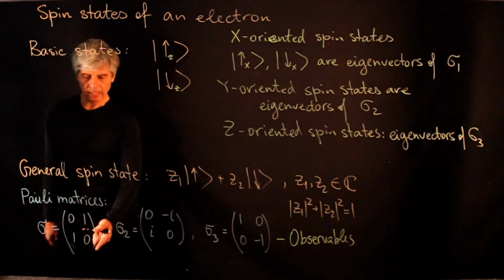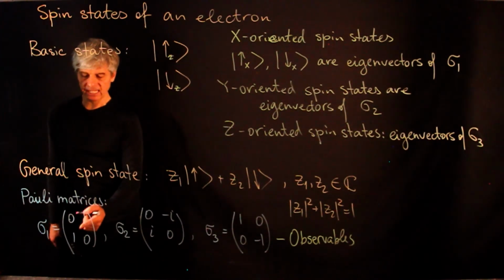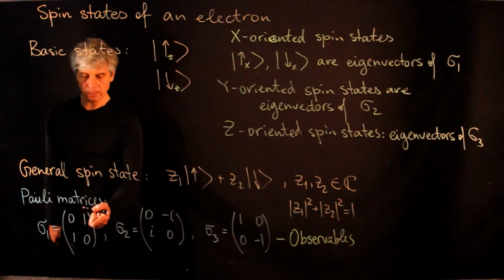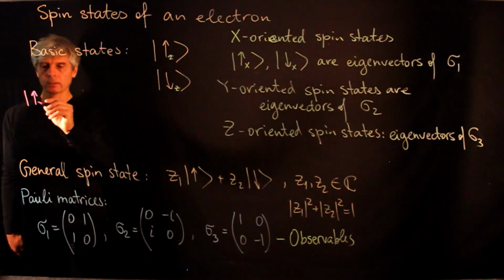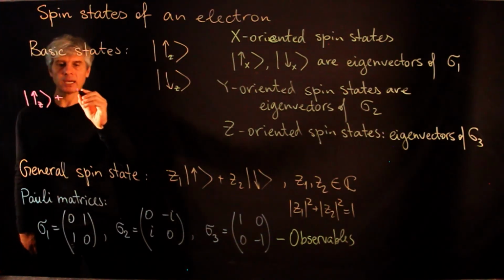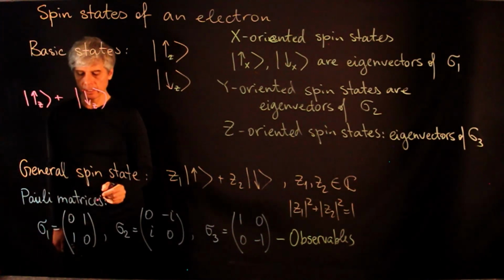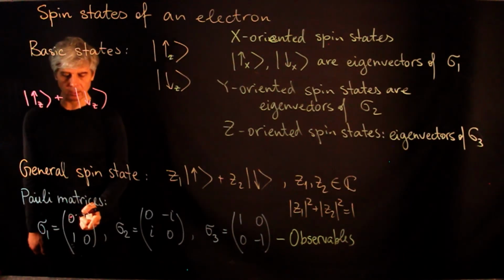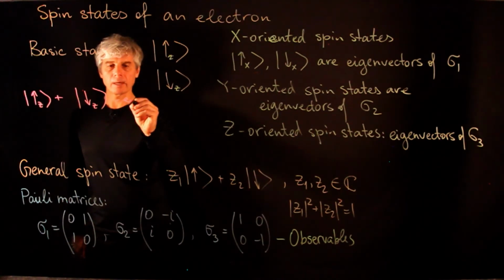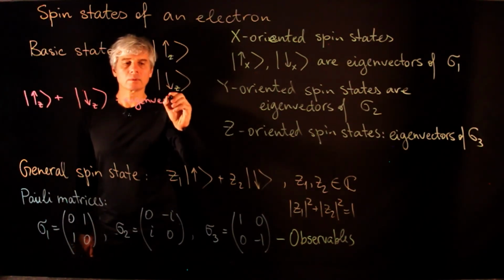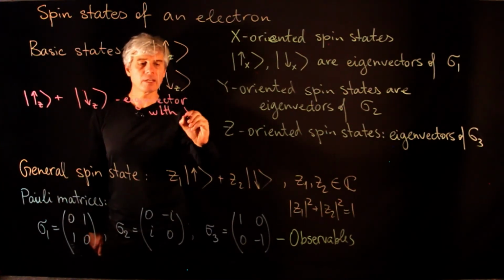Eigenvectors for sigma 1 are easy to write down. For example, if we take the sum of the two basis vectors, the first basis vector plus the second basis vector, then this is going to be an eigenvector with eigenvalue lambda equals 1.